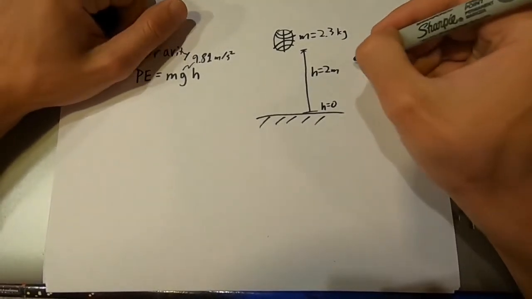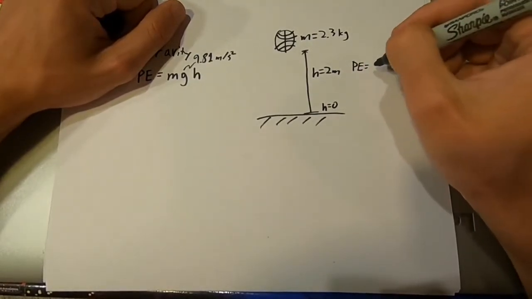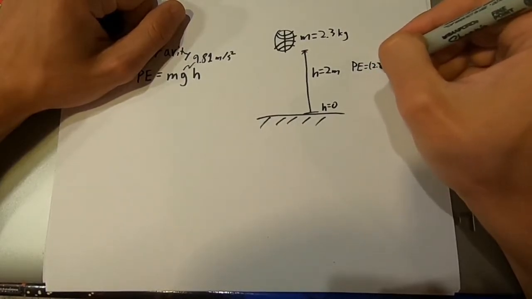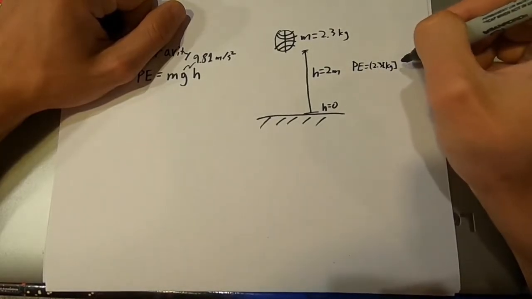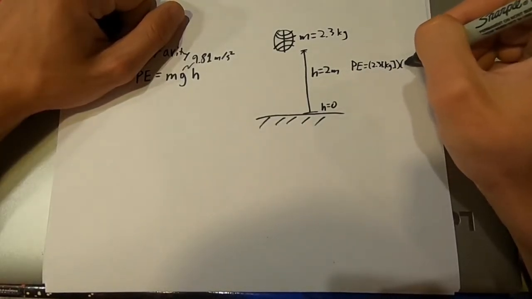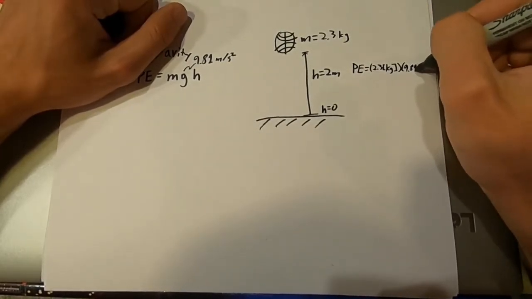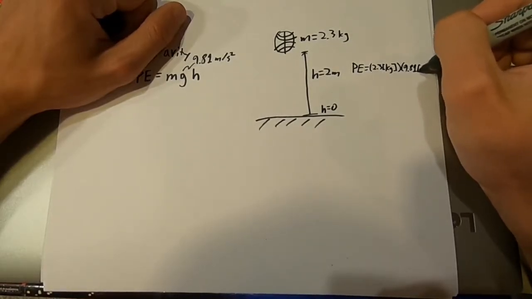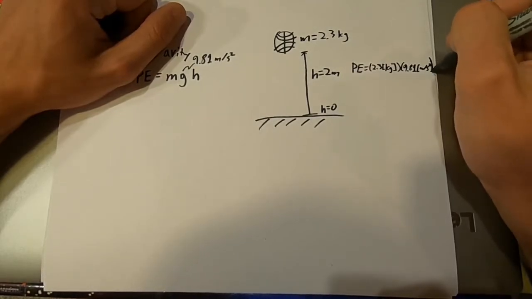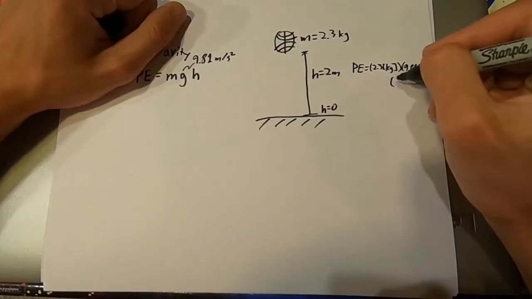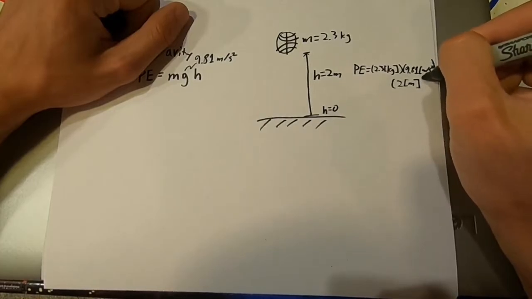All right, so our potential energy is going to be equal to our 2.3 kilograms times our acceleration of gravity, the 9.81 meters per second squared, times our height of 2 meters.